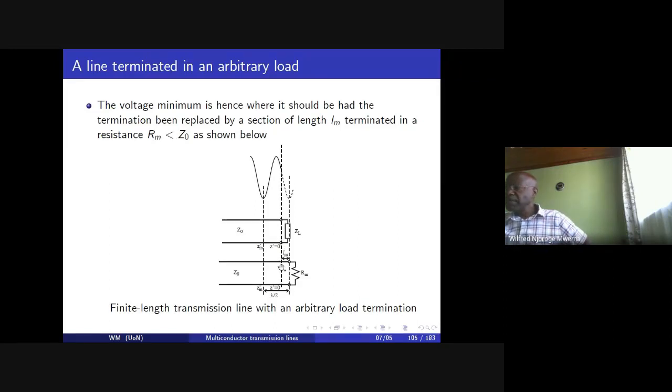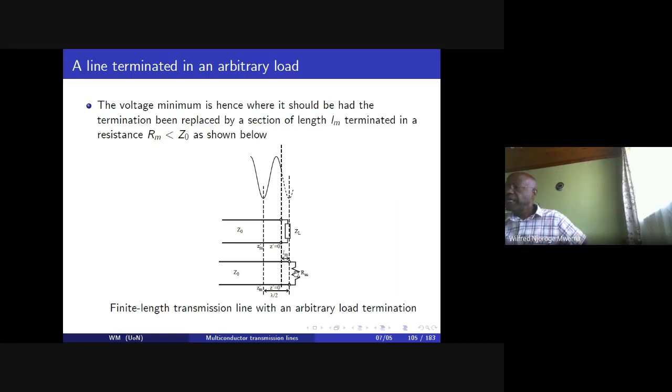So the termination point is there, and we have added an extra section of line of length Lm to reach a minimum in the voltage waveform. And therefore, we know that between those two minima the length must be lambda by 2, half a wavelength between two adjacent minimum points.